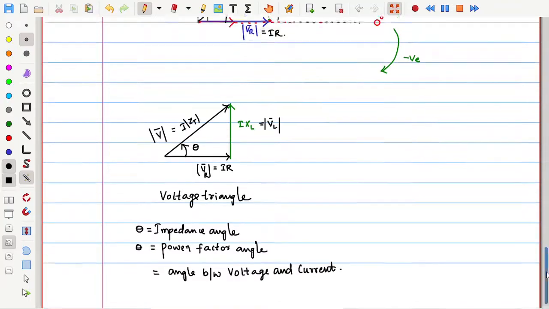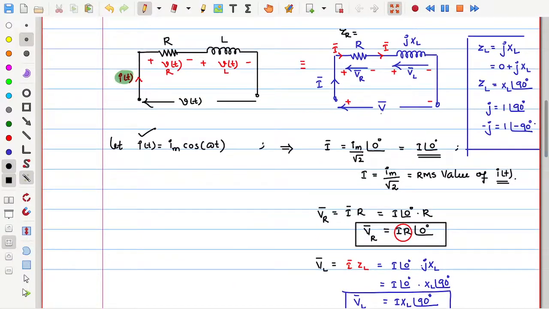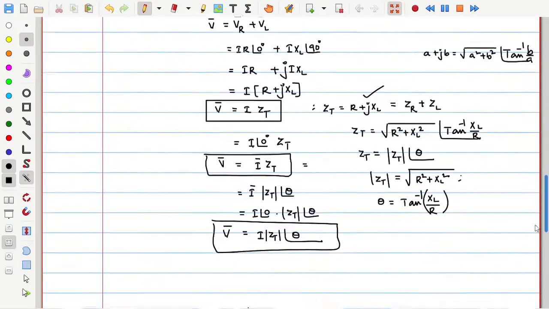What is the total voltage of the given RL circuit? V, capital V. See here, this is capital V. The total current of this RL circuit is I. The angle between this total voltage and current is referred to as the power factor angle.